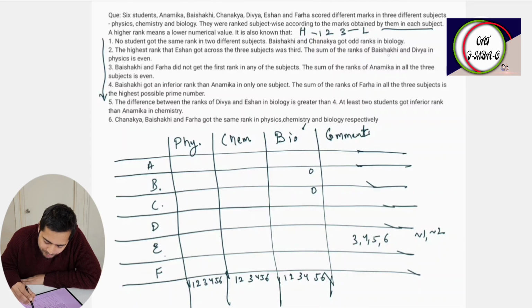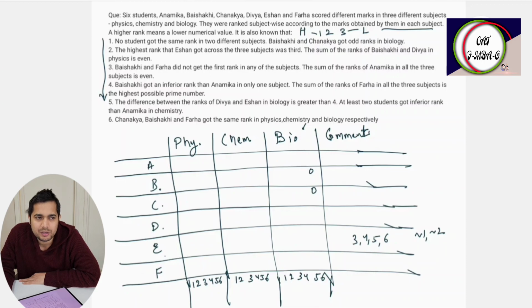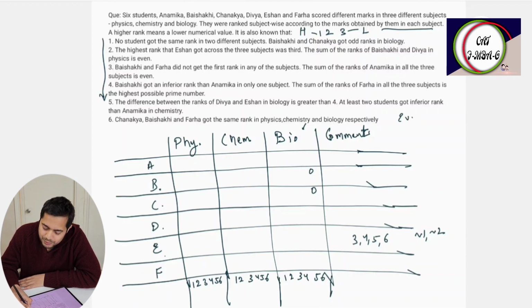The sum of the ranks of Baisakhi and Divya in physics is even. So there is one trick here. You must remember, in a lot of questions this trick is used. Even plus even is equal to even, or odd plus odd is equal to even.